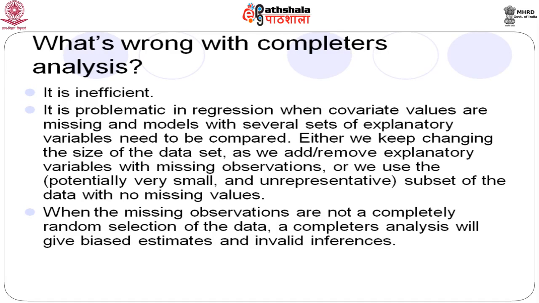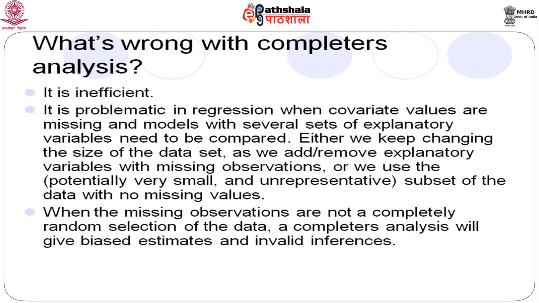Either we keep changing the size of the data, or we add or remove explanatory variables with missing observations, or we use a subset of the data with no missing values.